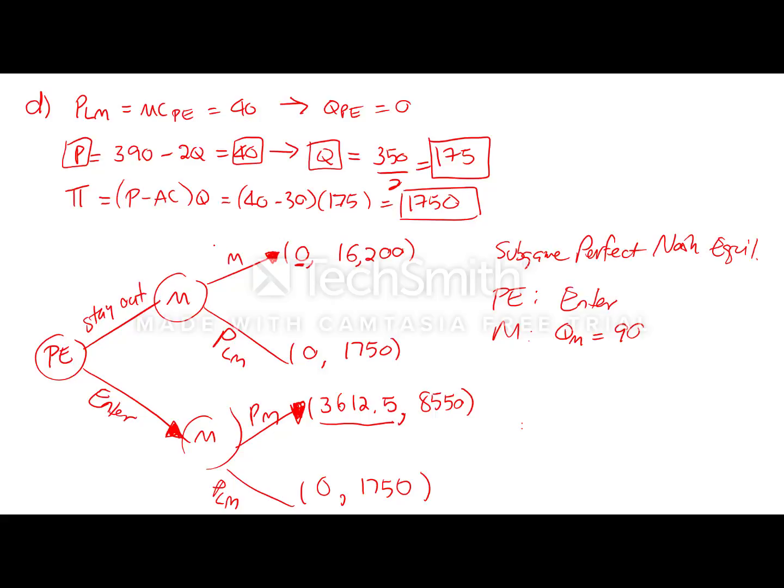So let's change this into QM so it doesn't confuse you, which is the monopoly quantity. And that's why critics of limit pricing say that using the extensive form of this game, limit pricing will never work because it's not a Nash equilibrium. Every time the potential entrant enters, the monopolist will not use limit pricing. It will never use limit pricing.